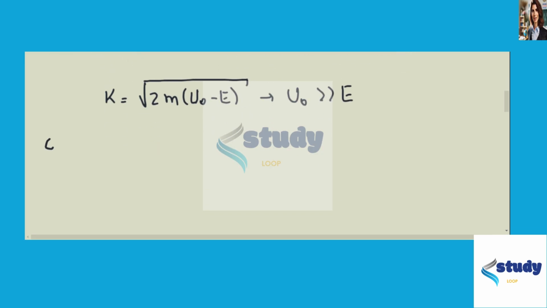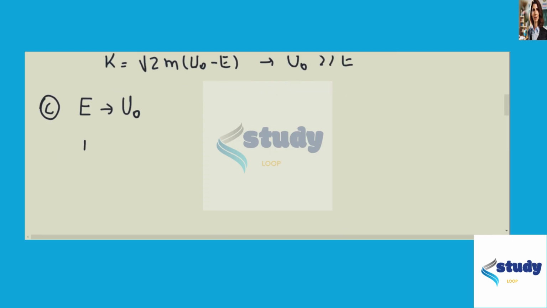Finally, in question C, we have to show that when the kinetic energy E approaches u0, then the transmission probability T approaches 1 plus kL over 2 squared to the minus 1.